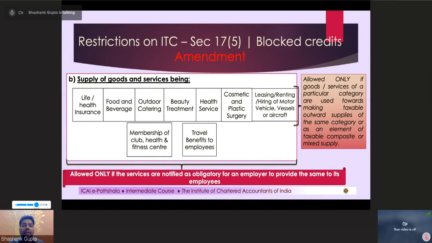Now, when it is buying the bun, the fries, the frying oil, will McDonald's get the credit? Yes, because it is making the outward supply of the same category. But the consumer, because he is not making any outward supply, will not get the credit.